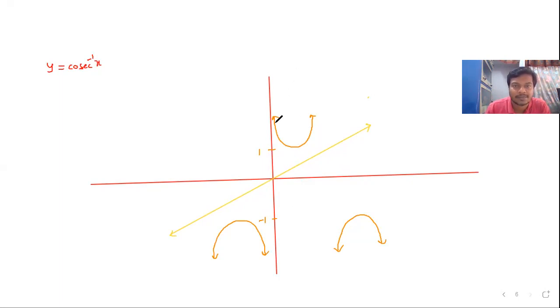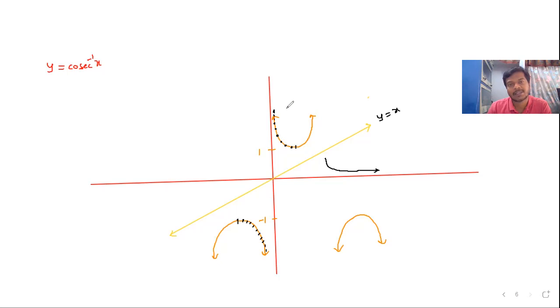Clearly this part, the dotted part, up to here, and starts from here, for which if you select the symmetric graph about y equal to x, it gives the graph of y equal to cosec inverse of x. That means what we get, like this. Okay.